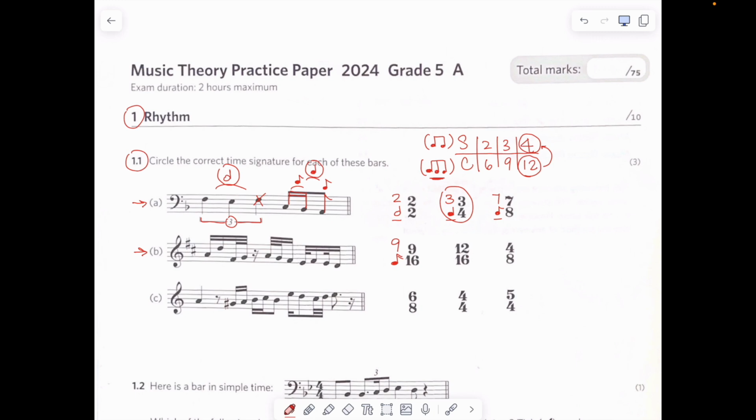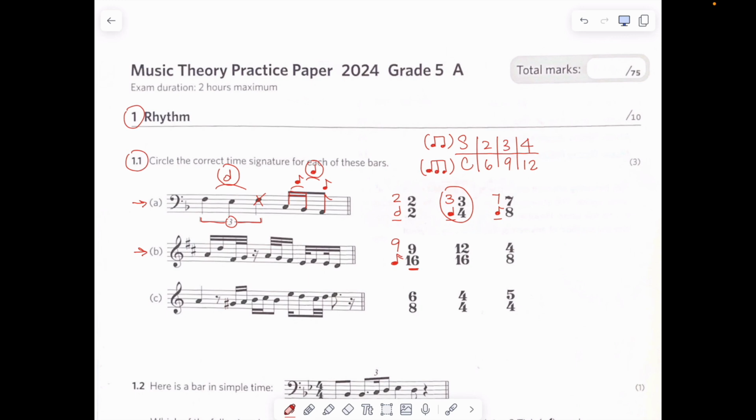So you have to keep that in mind when you do compound time. Now let's go back to this 9/16 time. So 9/16 means 9 semiquavers. Again, as said earlier, it doesn't mean that there are 9 beats of semiquavers. There are 9 semiquavers, just not 9 beats.